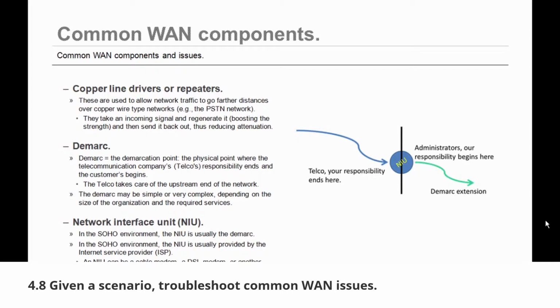Then there is the Network Interface Unit, or the NIU. In the SOHO environment, the NIU is usually the Demarc. Also in the SOHO environment, the NIU is usually provided by the Internet Service Provider, or ISP. An NIU can be a cable modem, a DSL modem, or another piece of hardware that connects the customer to the ISP.